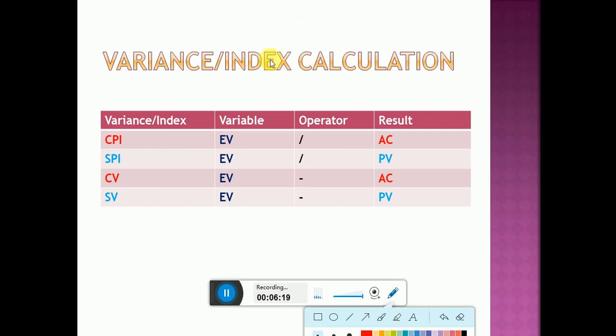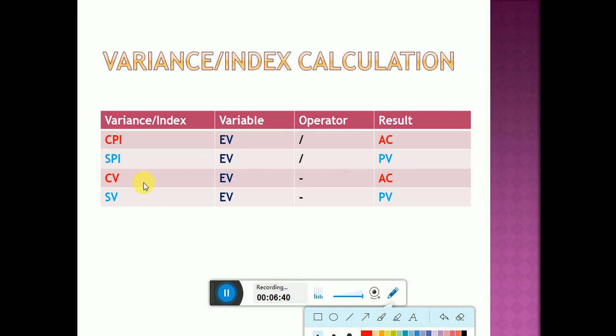To calculate the cost performance index, cost means actual cost, so EV divided by AC gives you the CPI. Similarly, for the cost variance, variance means we subtract, so EV minus AC gives you the cost variance.